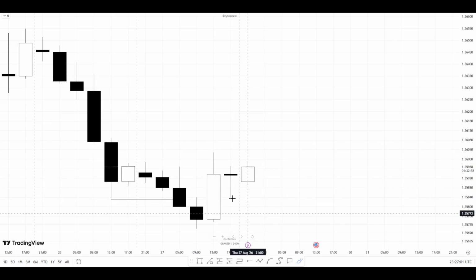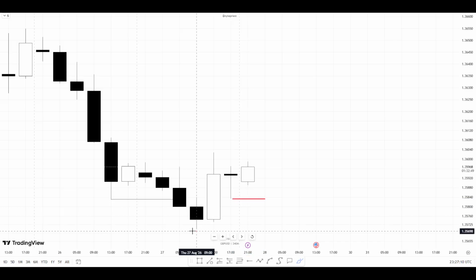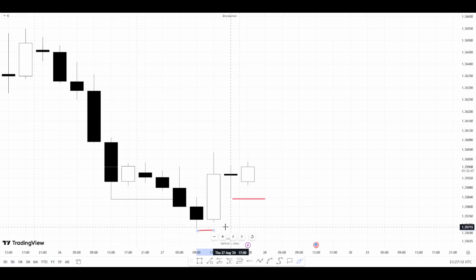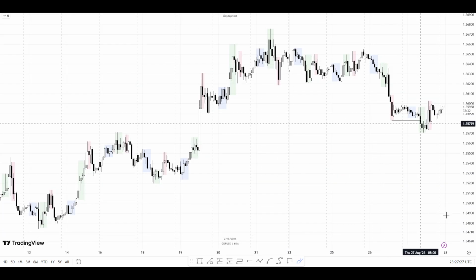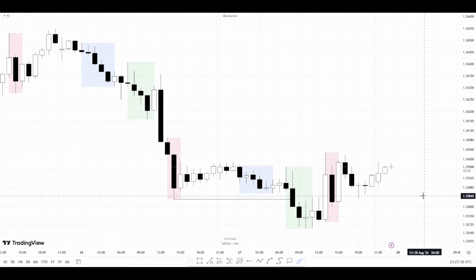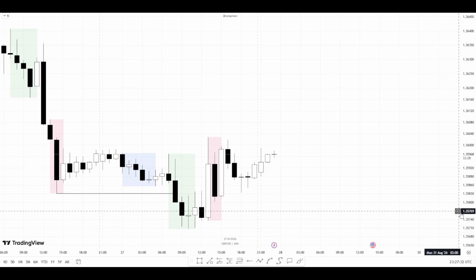sorry, we didn't create any fair value gap on the 4 hour time frame, but this previous H4 low is an H4 relevant low, and this is our H4 relevant low because it's a previous H4 low. All right. So when you go down to the 1 hour time frame, sorry, on the 1 hour time frame too, we don't have any fair value gap here.